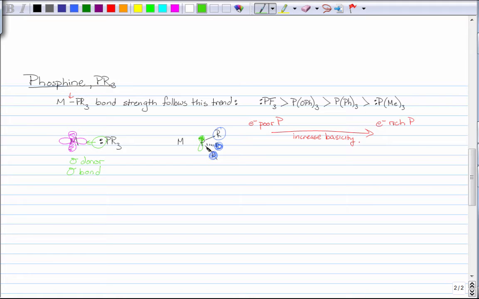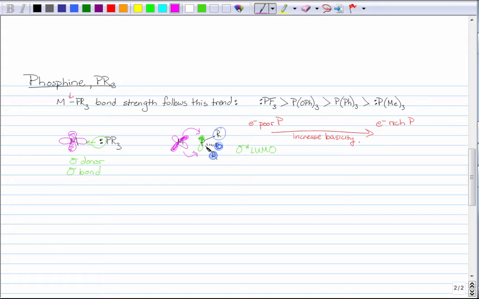This is a pi star LUMO on the trialkylphosphine. The metal d orbital of compatible symmetry will interact through pi back bonding with this pi star orbital. It turns out, in fact, that trialkylphosphine ligands are very good pi acceptors. Now, the best evidence to date points to this sigma star back bonding as pictured.